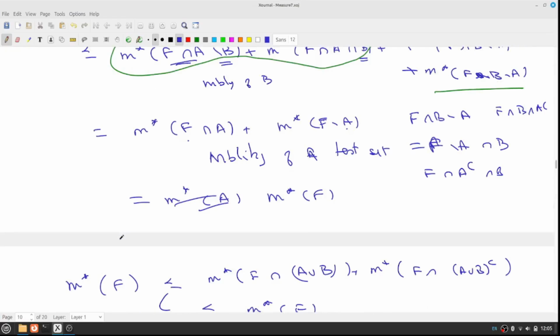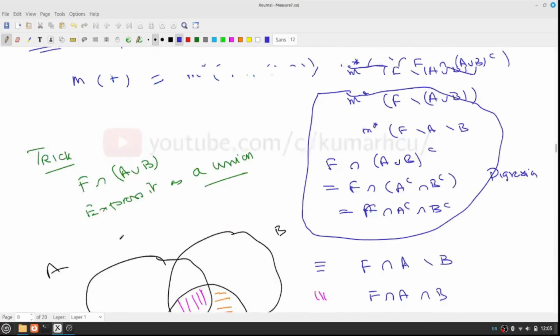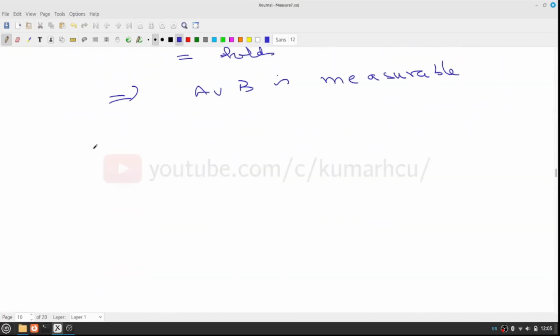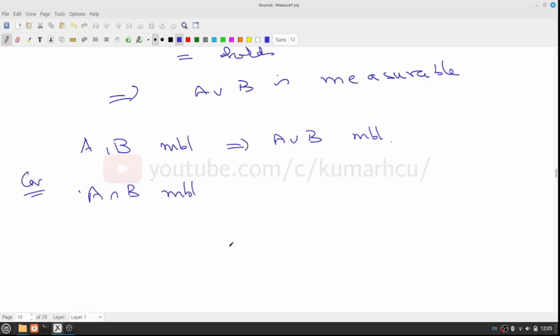So let's go back. So what have we shown now? What we have shown is that A union B is measurable. Therefore, we have proved if A and B are measurable, then A union B is measurable. And this implies A intersection B is also measurable as a corollary. Why? Because notice that A is measurable, therefore A complement is measurable, B complement is measurable.